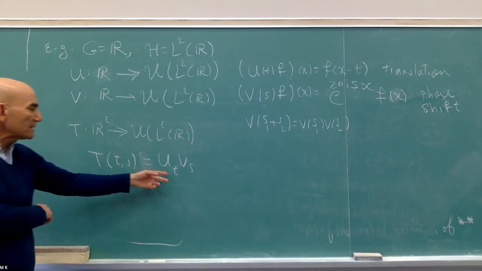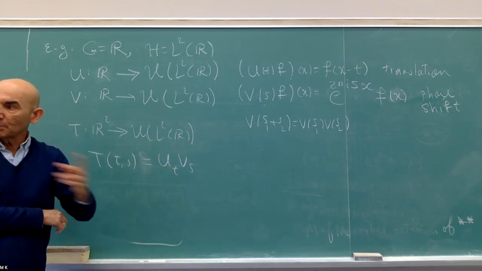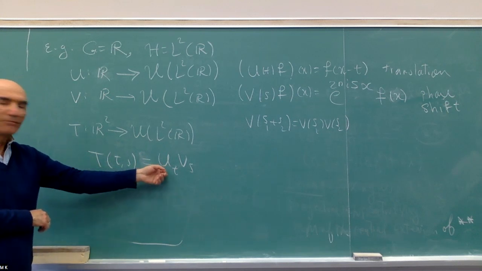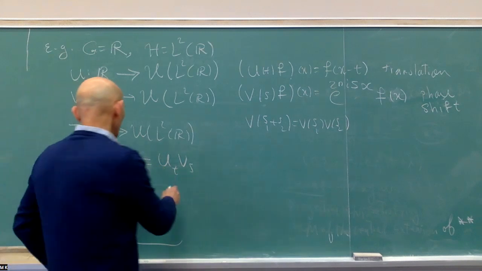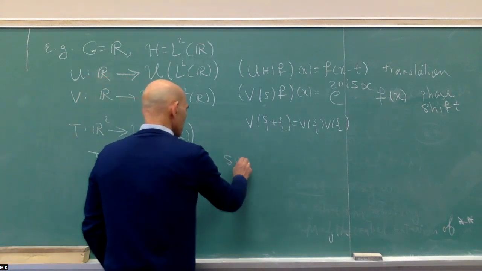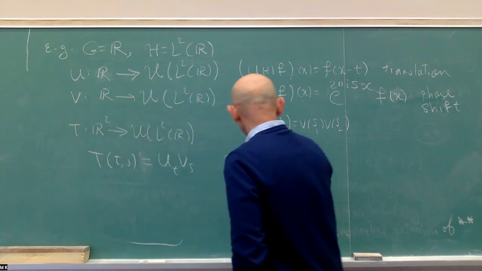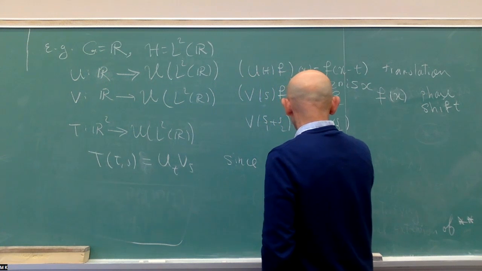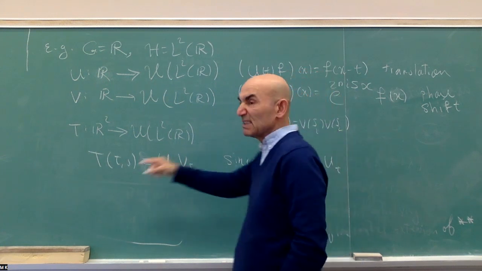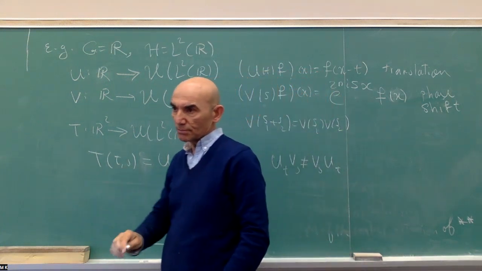But you see, this is not going to work because the only way for this to be a representation is that these two operators commute. Since U of t V of s is different from V of s U of t, this T is not a representation.